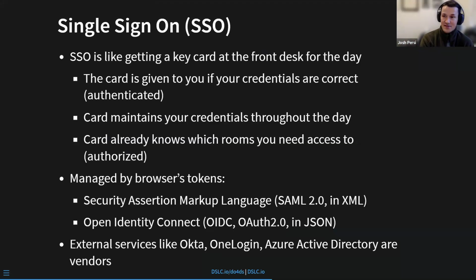They know the front desk has checked you out. That card would also show where you're allowed to go in the building. If you've ever been in a building like this, it might say visitor, or it might say needs a chaperone. So there are security guidelines on where that person is allowed to go within the building.